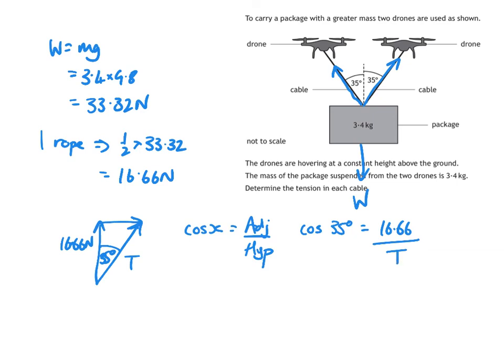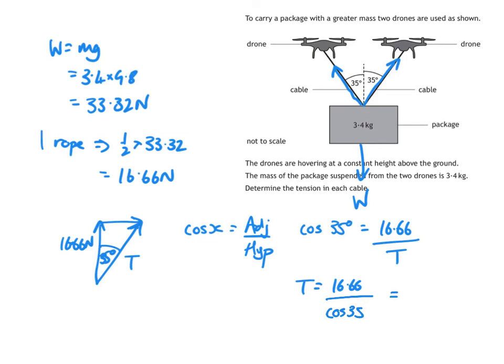Now we can rearrange to get that tension. Like I say, it's a wee bit different from the other ones. We were working out the adjacent or the opposite. Here we are actually working out the hypotenuse, so the angle ends up on the bottom. But we do the calculation.